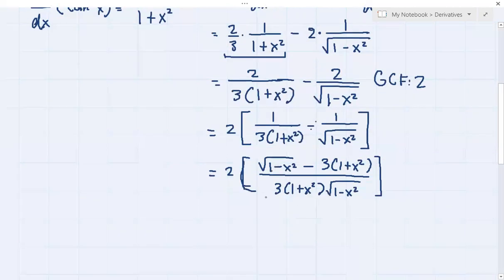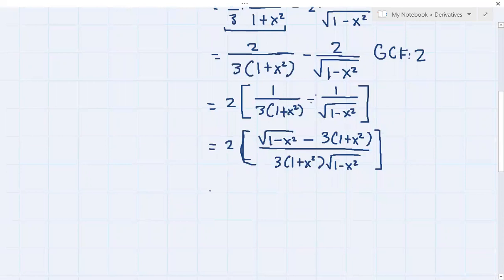Then, since kasi one whole fraction na to, and parang naka-simplified na siya, we can actually factor out one more time. At ano yung pwede ko i-factor out dito? Yung constant na si 3 sa baba. Pwede natin siyang i-factor out. We can factor out 1/3 dito.